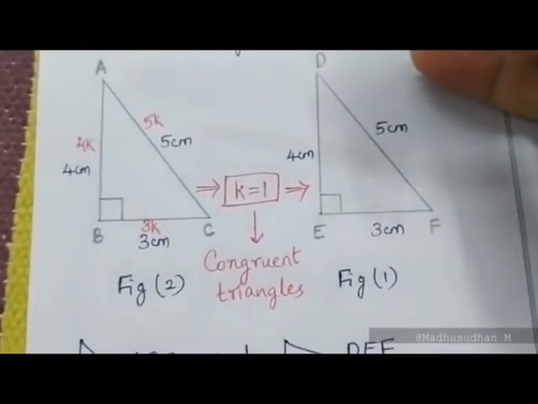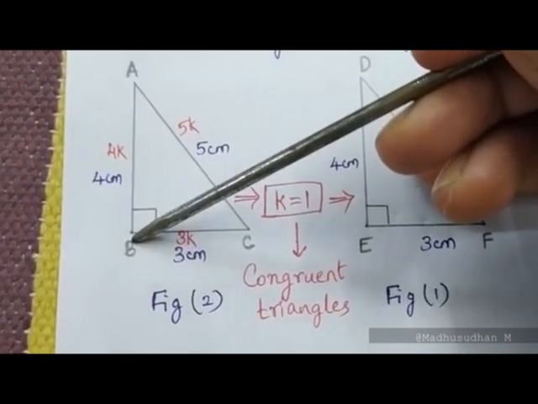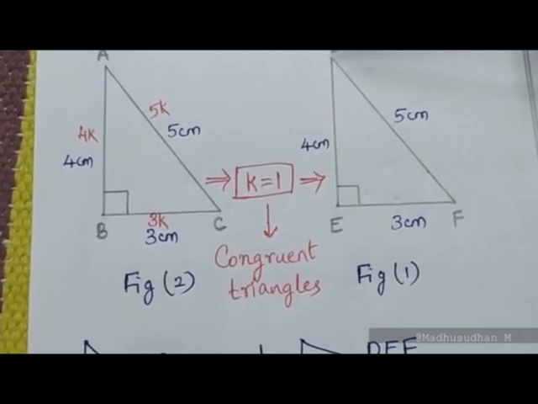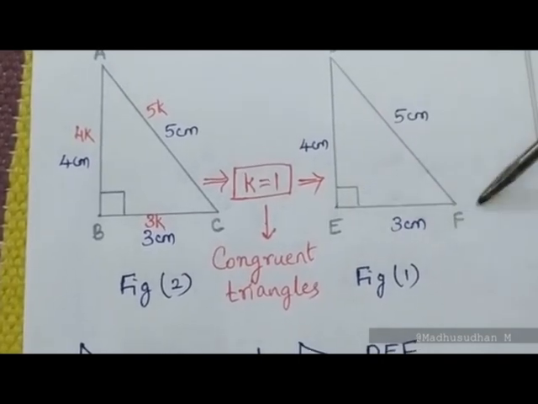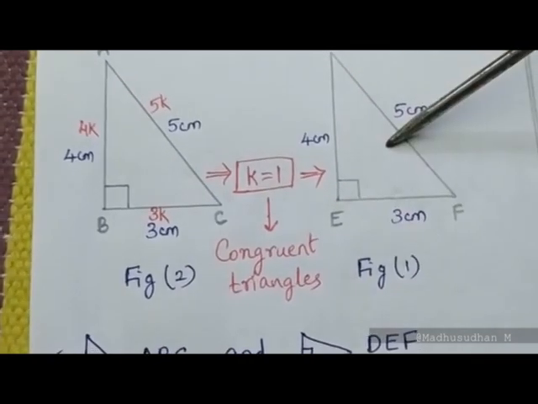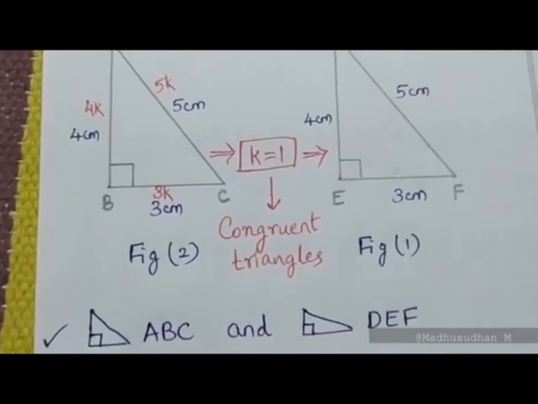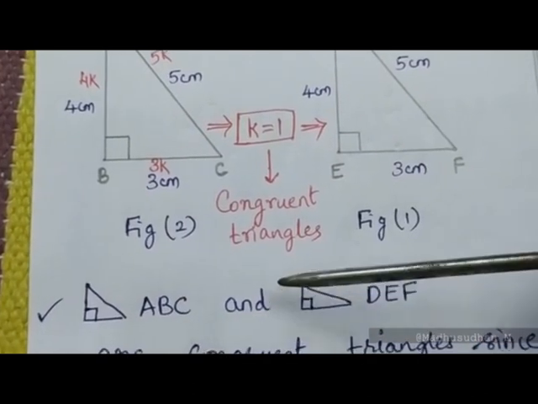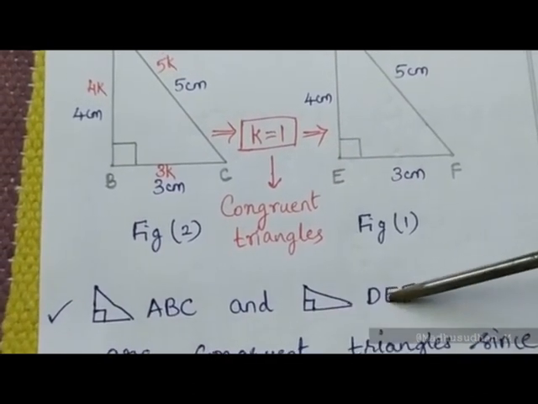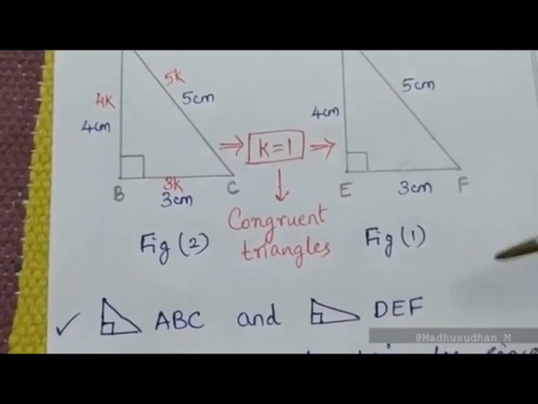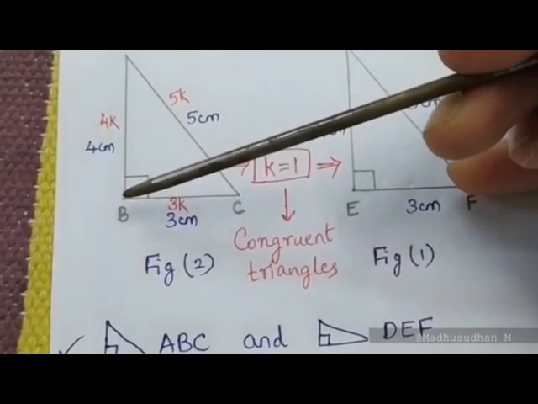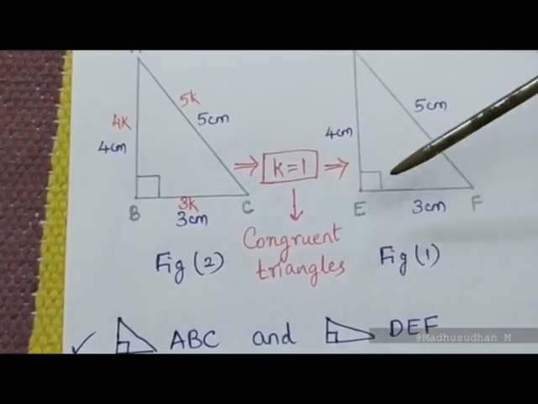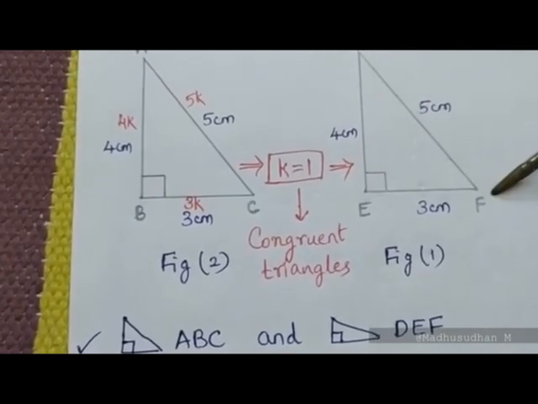If we have started with vertices A, B and C, correspondingly we need to write DEF in these two congruent figures, and then we can write right angle triangle ABC is congruent to right angle triangle DEF. Or suppose I write right angle triangle BAC is congruent to triangle EDF. Followed it?